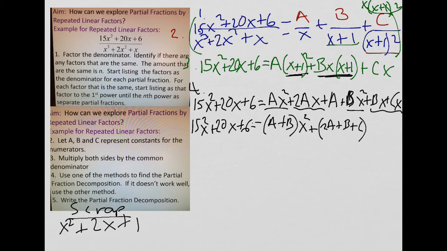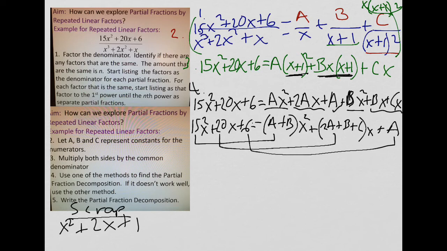And my 2 looks silly. That's okay. And my only constant is a. That's a good thing when we're matching up. So we're matching coefficients. So 15 is a plus b. 20 is 2a plus b plus c. And 6 is a.